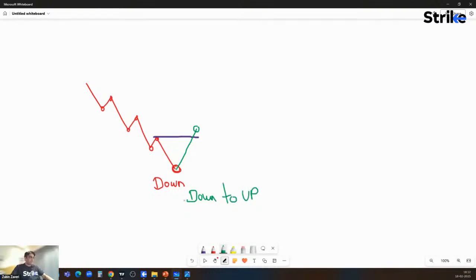So this down to up is a very bullish thing that has happened: the previous top has been taken out and the trend has changed. It was down earlier, now it has changed to an uptrend.